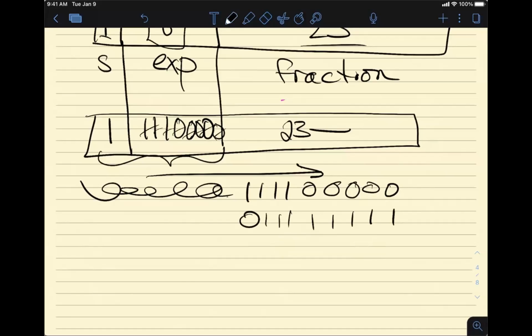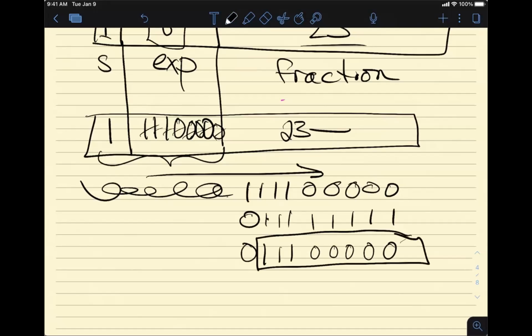Bit by bit, 0 and 1 is 0, 0 and 1 is 0, 0, 0, 0. 1 and 1 is 1, 1 and 1 is 1, 1 and 1 is 1, 1 and 0 is 0. So that AND instruction isolated the first 8 bits, eliminating the sign bit. Does that help, Jordan?